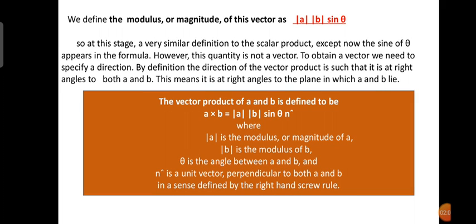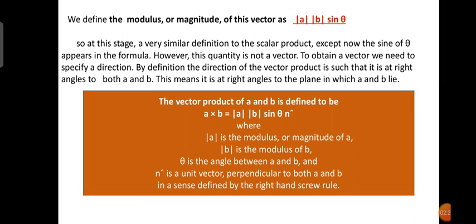Then the magnitude is modulus of A into modulus of B into sine theta. In the scalar product we take the cos of the angle, but in the vector product we take the sine of the angle.